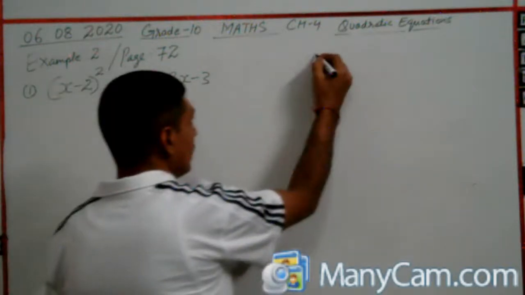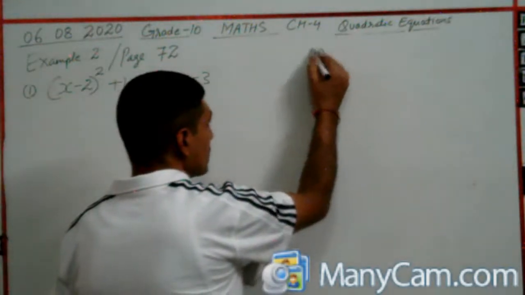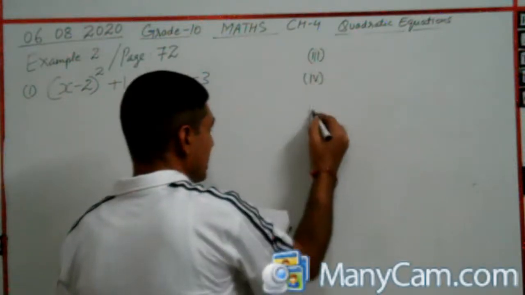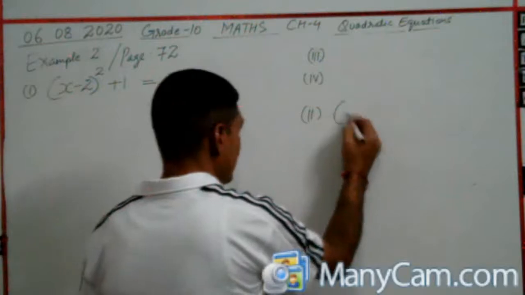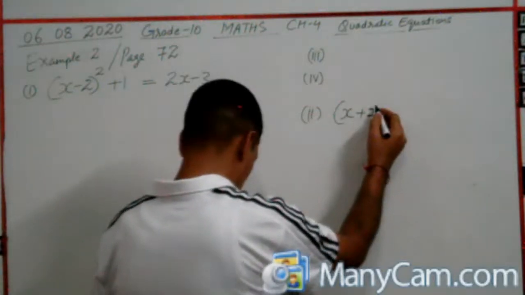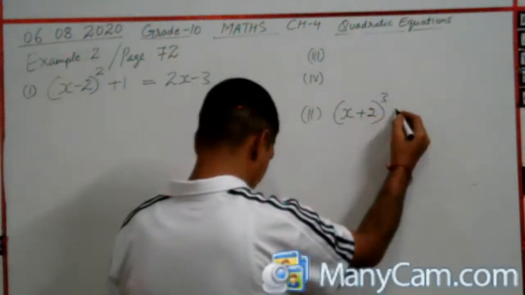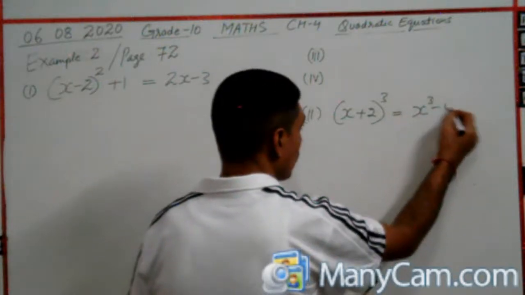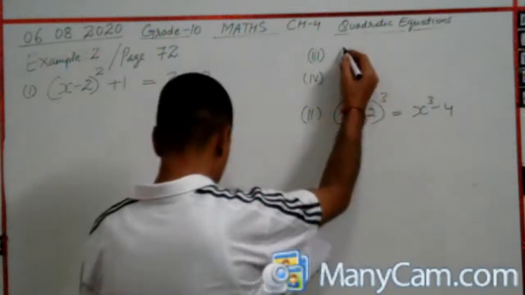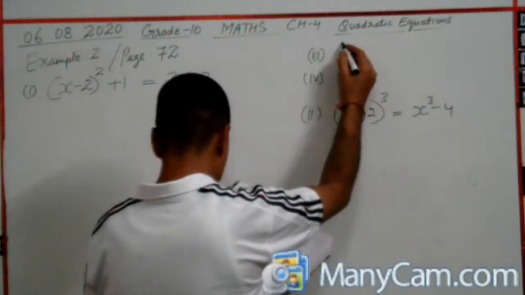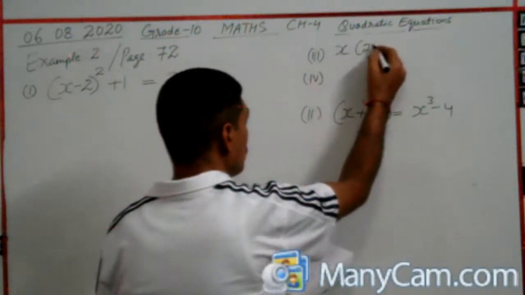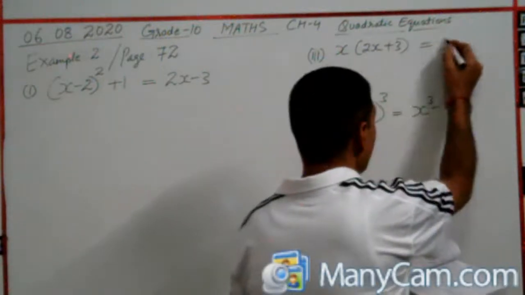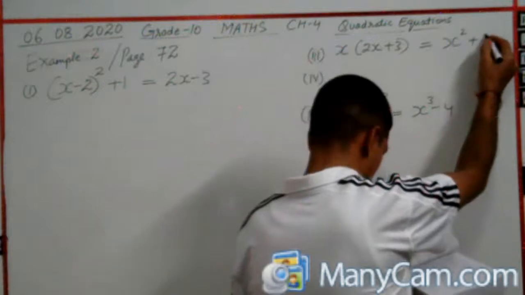Second one, let me write the third one first, and then the second here. The second I am writing is x plus 2. So go on solving. Third part is x into (2x plus 3) is equal to x square plus 1.